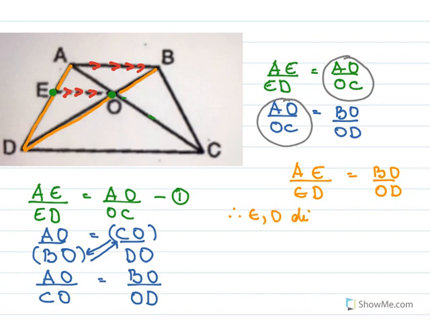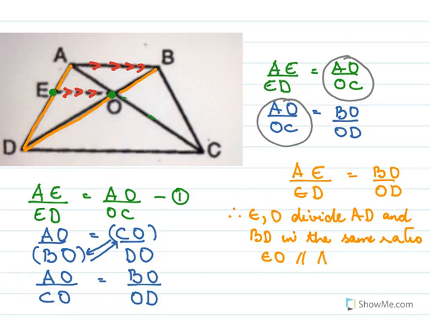So I write that. Therefore, we can say EO divides AD and BD in the same ratio, which means that EO is parallel to AB. This is by converse of BPT.